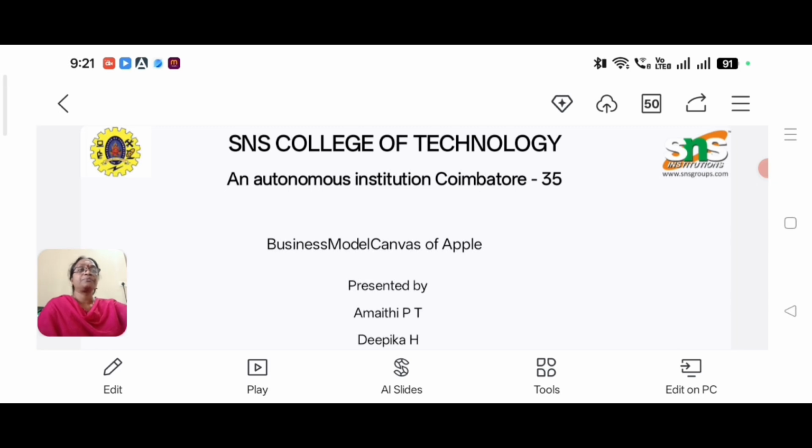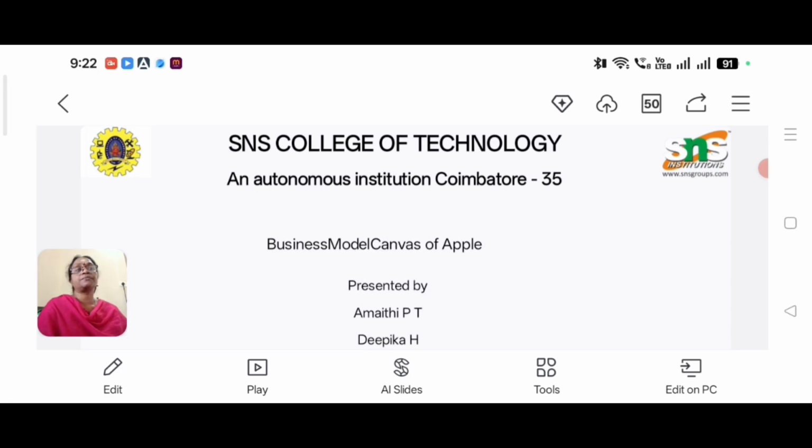First, who the customers are, what values Apple offers, how Apple reaches the customers, and how it maintains customer relationships. Based on this, they have key resources, key activities, and partners that support the business, and finally we understand its cost structure.